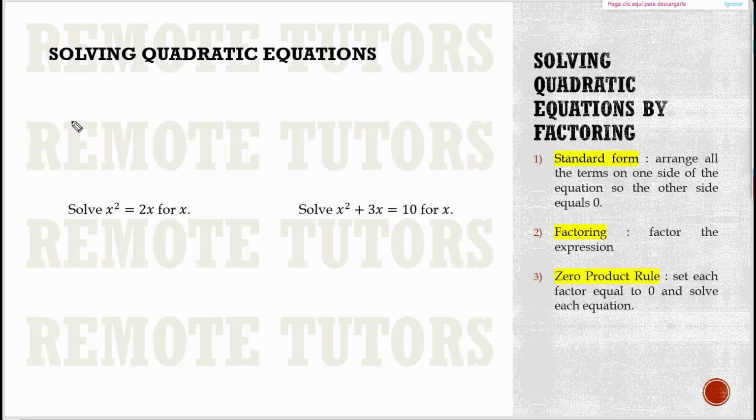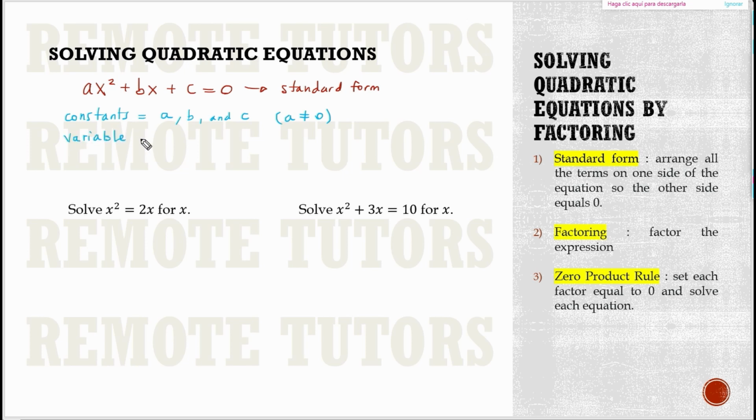Now let's solve quadratic equations, but first of all we need to know what the standard form is. Ax squared plus bx plus c equals 0 is known as the standard form of a quadratic equation, and the constants are a, b, and c. Don't forget that a is not 0.